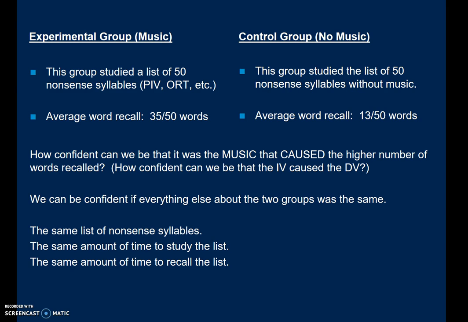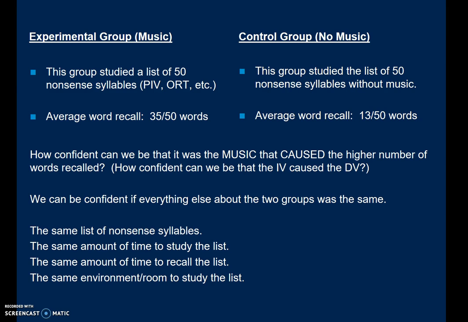How much time does the experimental group have to recall the list of words? Well, let's say we gave them 15 minutes. And we would also give the control group 15 minutes to recall the list of words as well. What environment or room was the experimental group in during this time when they were studying and listening to music?